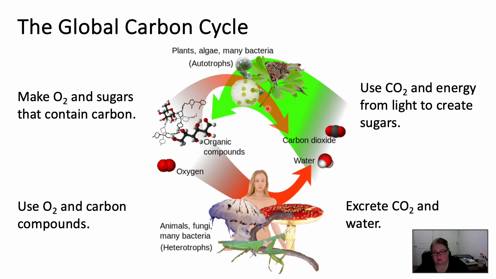Okay, so we get all the energy from the sun, but autotrophs are what harness it and use that to take CO2 from the atmosphere, because we can't directly use CO2 to make glucose ourselves. So it's going to take this inorganic, that's what we call CO2, it's inorganic, even though it has carbon, and we change it into an organic compound. So a compound that contains carbon that we can use. Okay, so this is the global carbon cycle.